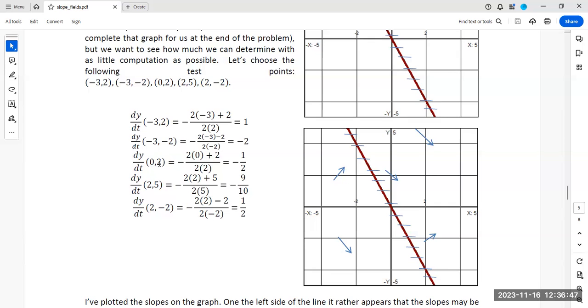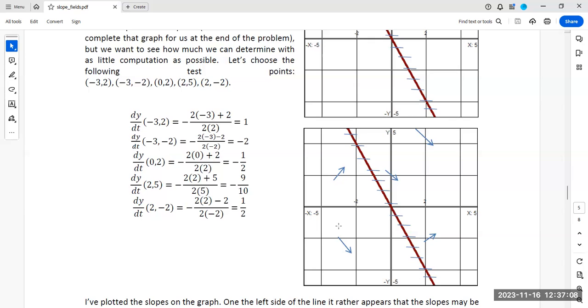When I plug in the point 0, 2, that's right here, I'm going to get another negative slope. And when I plug in the point 2, 5, which is this guy up here, this is also a negative slope. And then when I plug in the point 2, -2, that's down here, I'm going to get a positive slope.